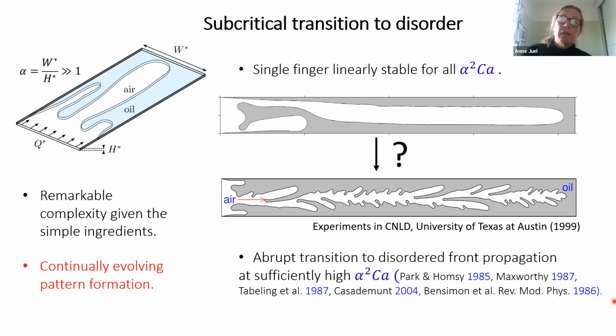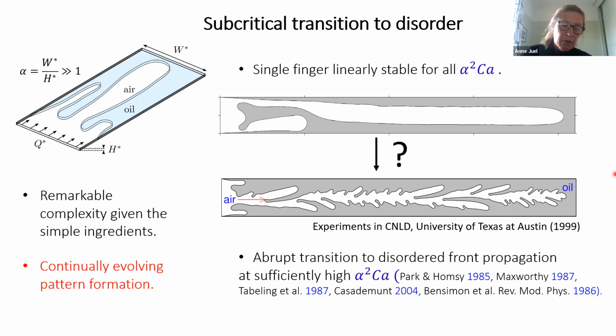Now, what's interesting here is that when you go to what I call disordered front propagation, you have a continually evolving pattern formation. So if you want to have any chance of understanding how this system behaves, then you probably want to look at a dynamical systems approach, where you can focus on transient dynamics that happen in the system.